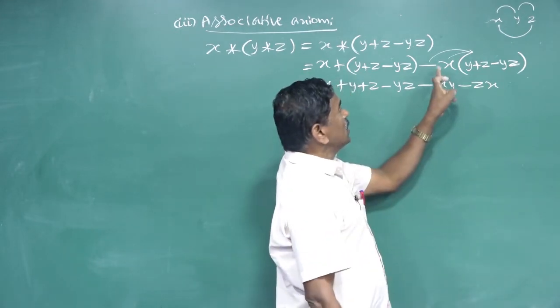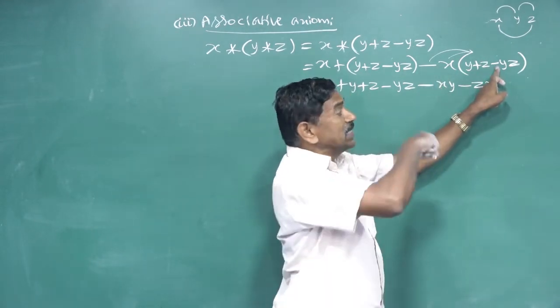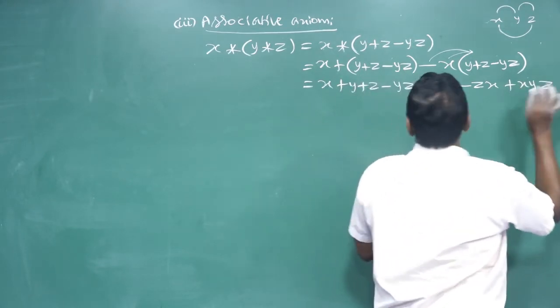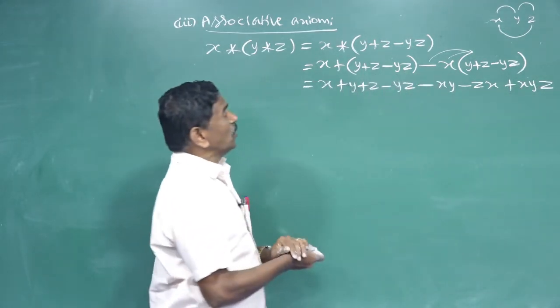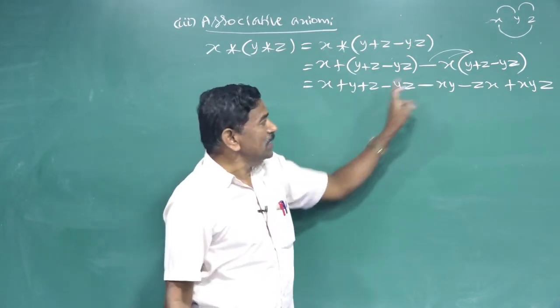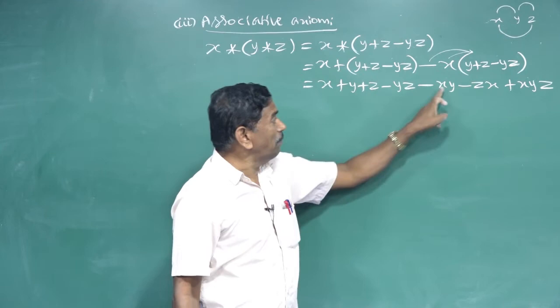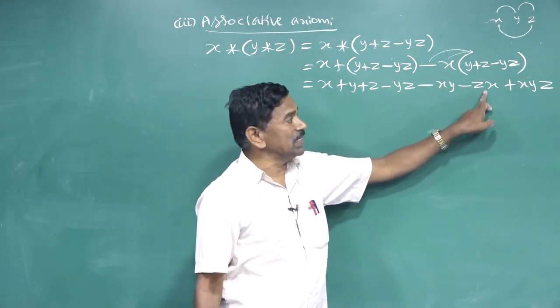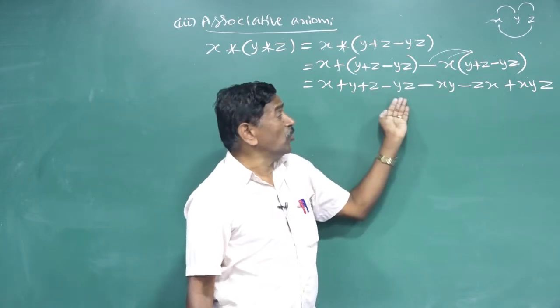Next, minus into minus is plus, x into yz, plus xyz. So x plus y plus z minus xy minus yz minus zx plus xyz.